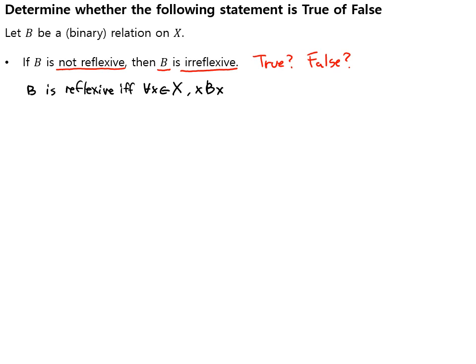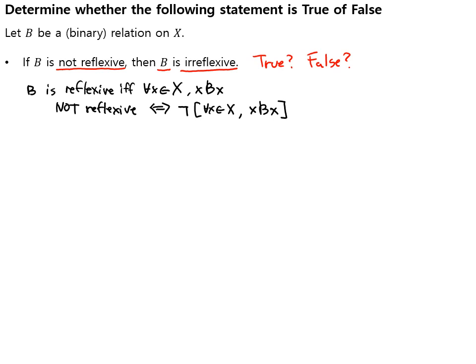But then, what does it mean for a binary relation to be not reflexive? So if a binary relation B is not reflexive, then this basically means it is not the case that for all elements x in X, x B x.